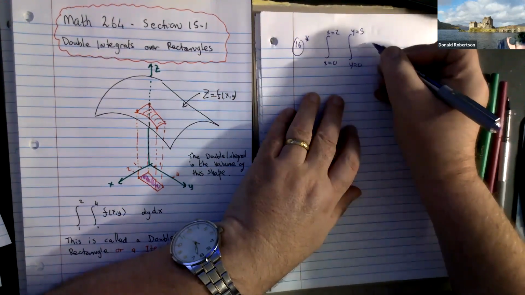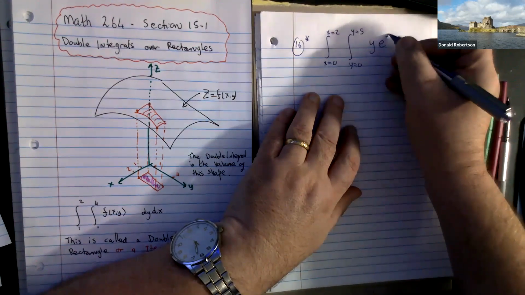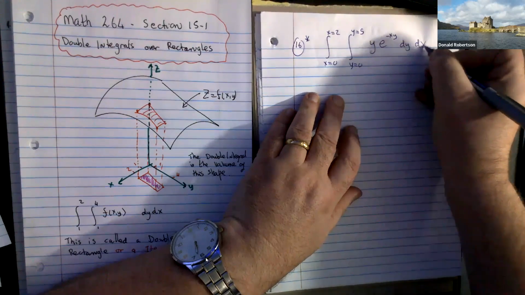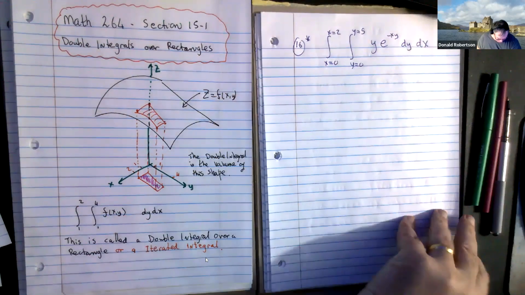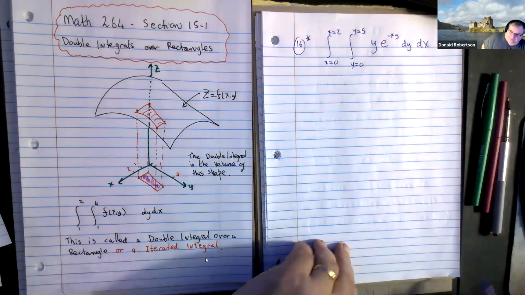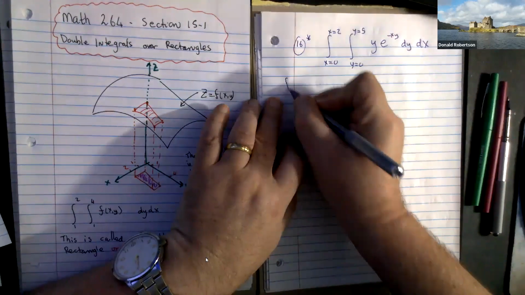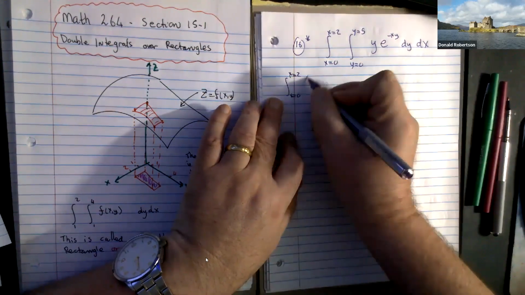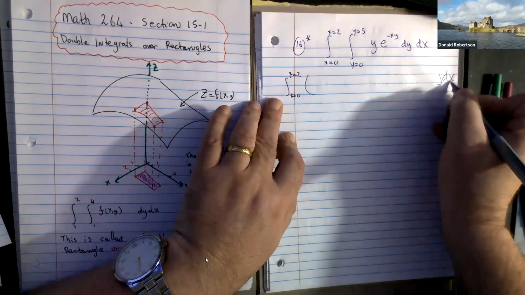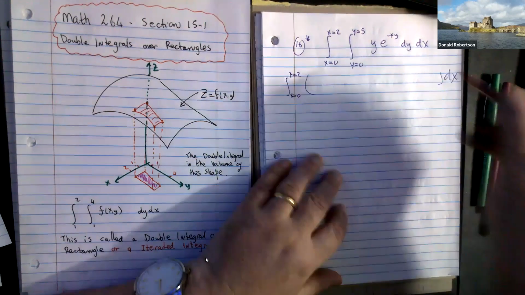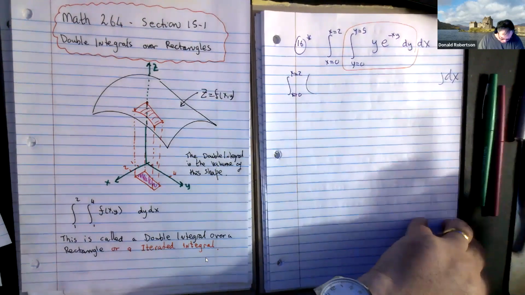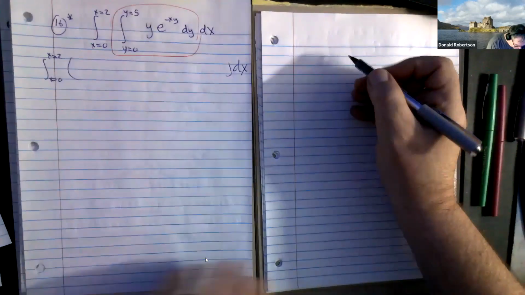And the thing you're going to integrate is that guy. Okay. So x equals 0 to x equals 2. Put a dx here. Let's focus on this fella. And I'm going to do him at the side.